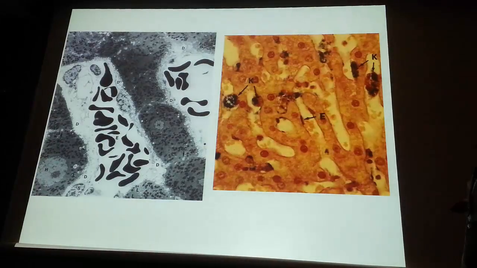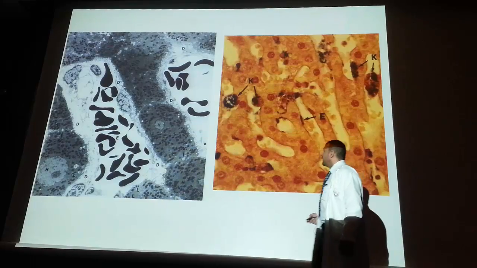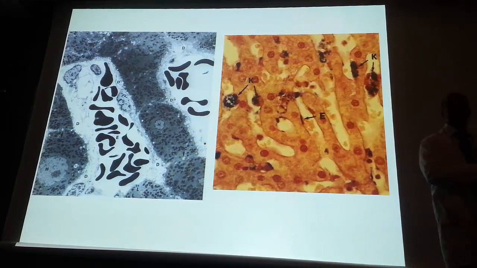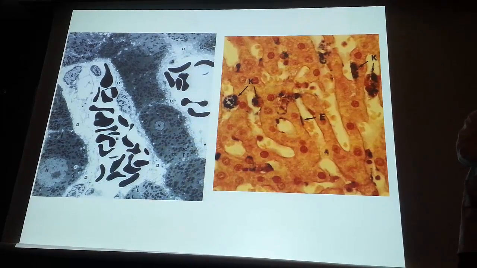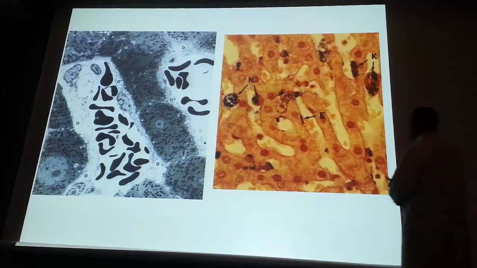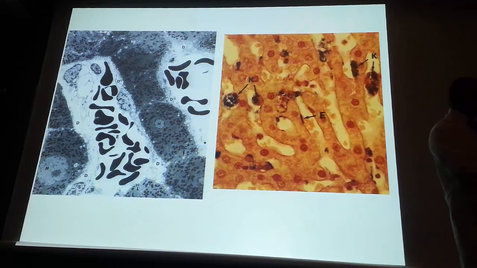Now, Joseph Disse was an anatomist and histologist. He was the assistant of a very famous physician and anatomist named Heinrich von Waldeyer. Did you hear of him? He discovered Waldeyer's ring. Waldeyer was a very tough teacher and boss, very harsh on Joseph.